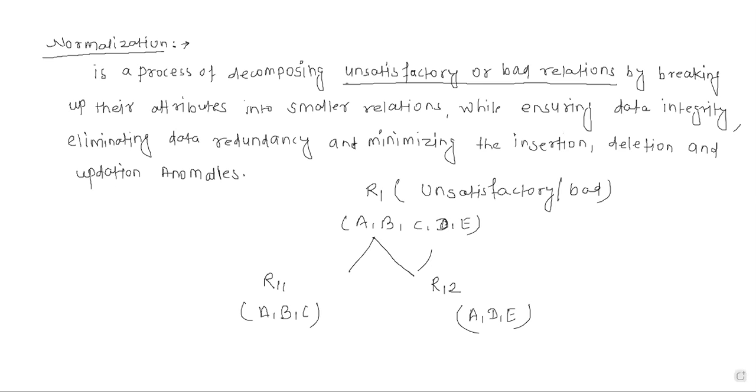Now we will understand what is the meaning of insertion, deletion, and updation anomaly. For example, we have a table, employee information. In that, the fields are employee ID, employee name, employee address and employee department.